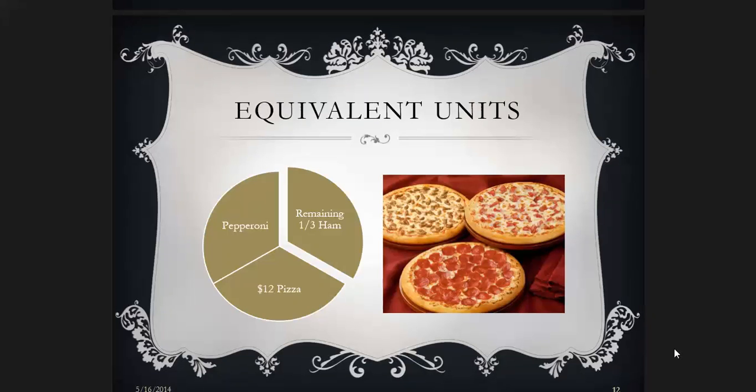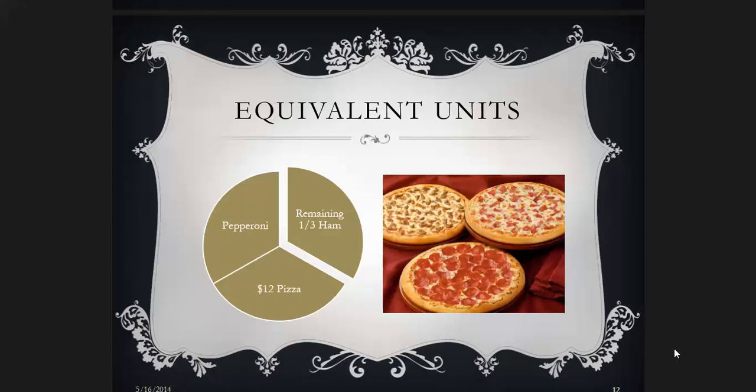Pizza is a great example of equivalent units. Let's say that we had 3 pizzas that each had a different topping, and each pizza costs $12 and are divided into 6 different pieces. Therefore, each pizza slice is $2 a slice. At the end of the night, you have leftovers from each pizza, and all are put in one box.